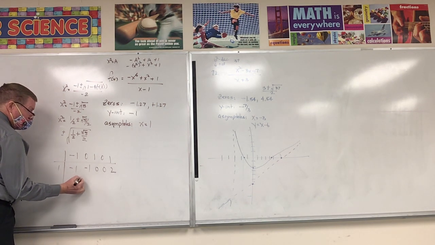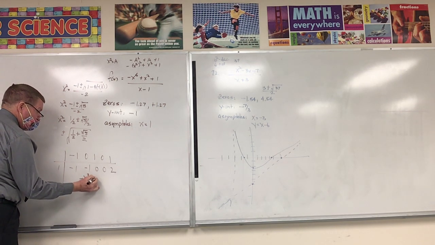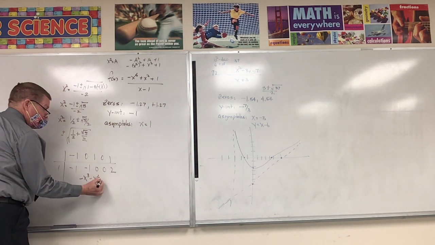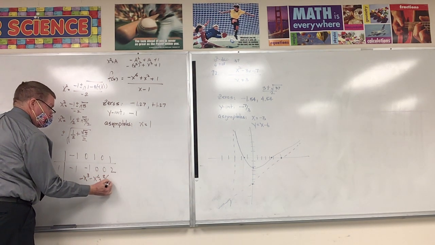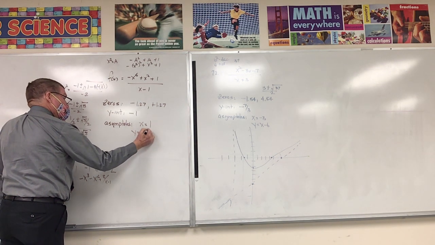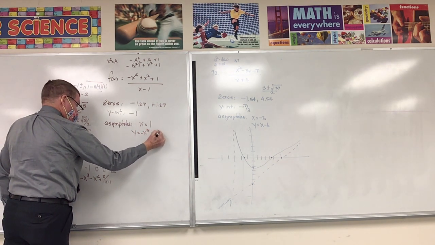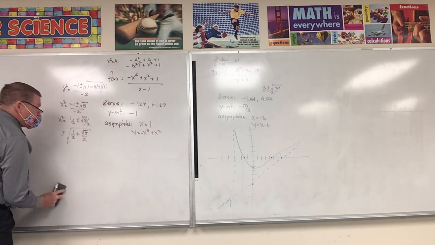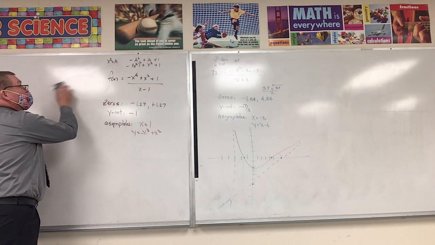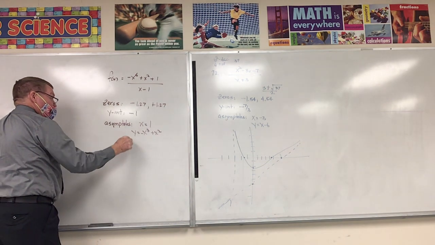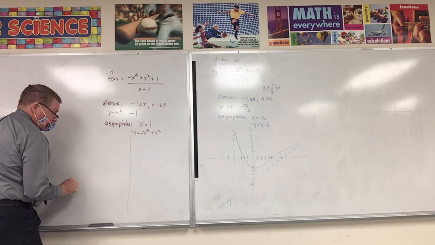We would have negative x cubed minus x squared, is that what that would be? Plus 2 over x minus 1. So therefore I have y equals negative x cubed plus x squared. Alright, so let's see if we can graph this.